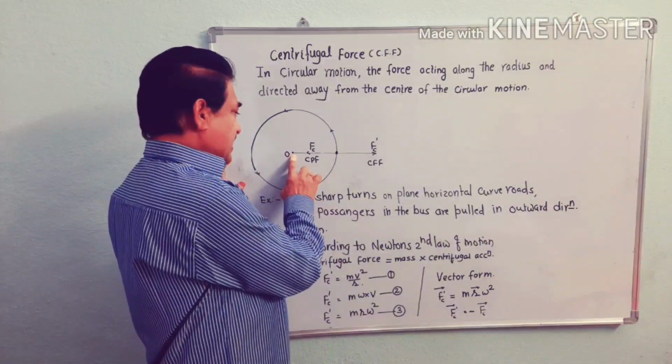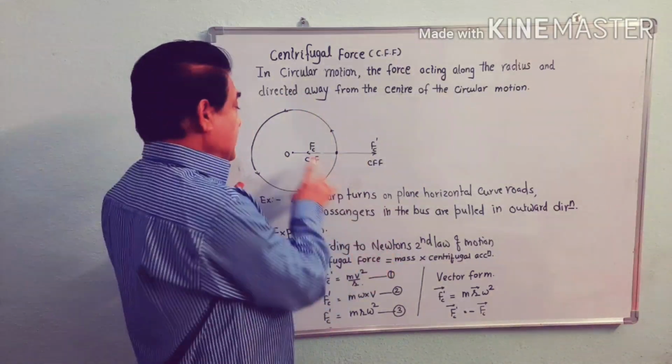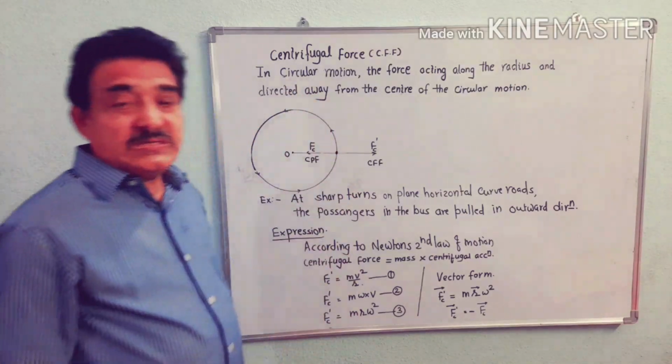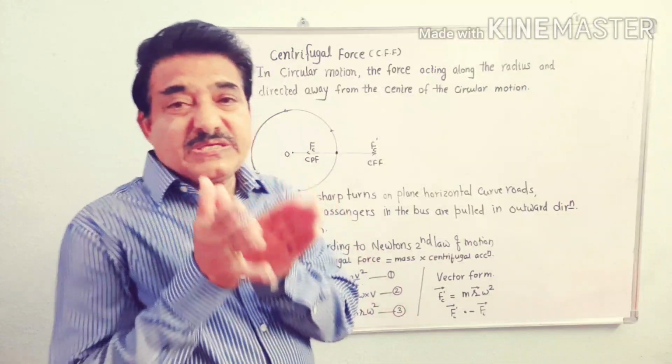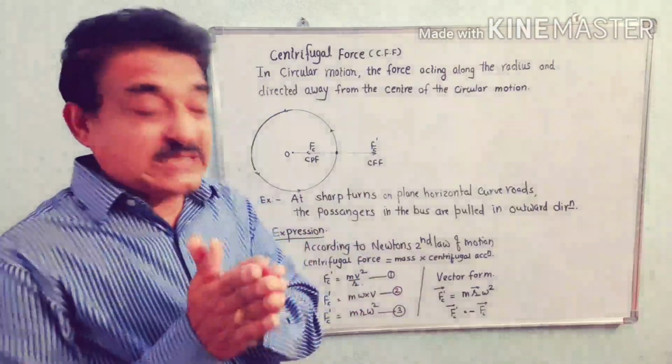Radius vector is directed from center to circumference, and centrifugal force is always directed from center to circumference. So radius vector and centrifugal force are in the same direction.